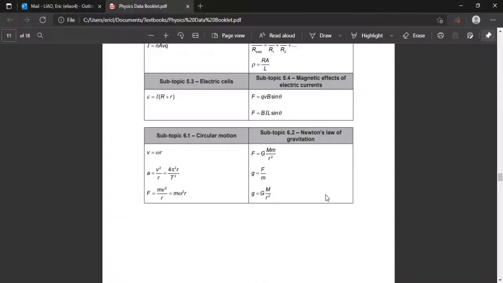We'll look at the data book. So t squared is also the same as 4 pi r over t squared.